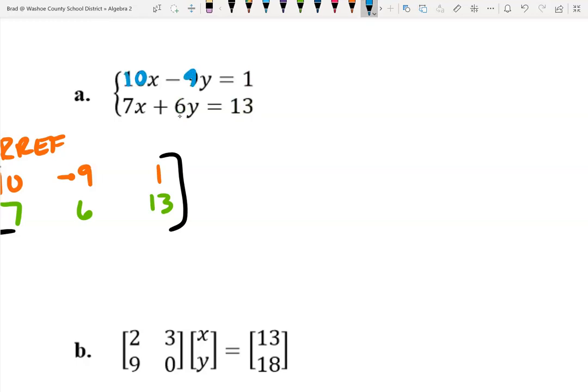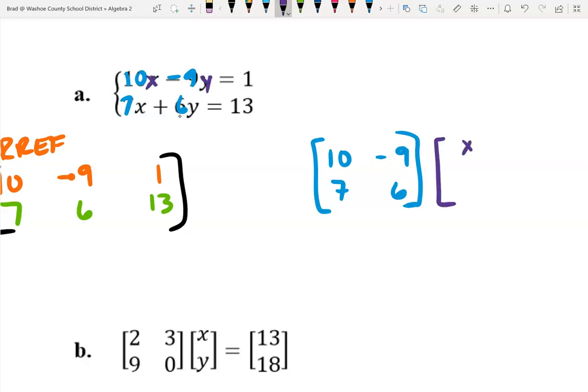So 10, -9, 7, 6 is our coefficient matrix. And then I have an x and a y, so my variable matrix is x and y. And then we'll set that equal to the constants, which are 1 and 13.